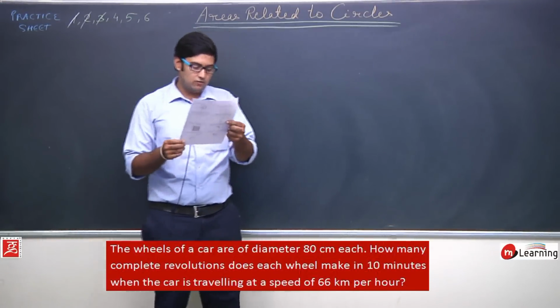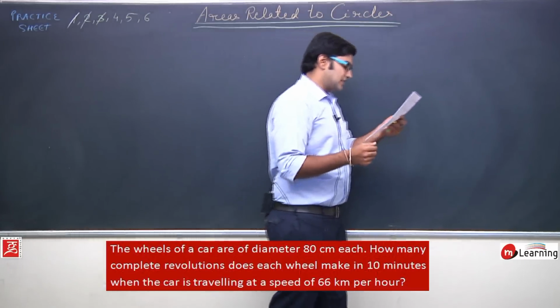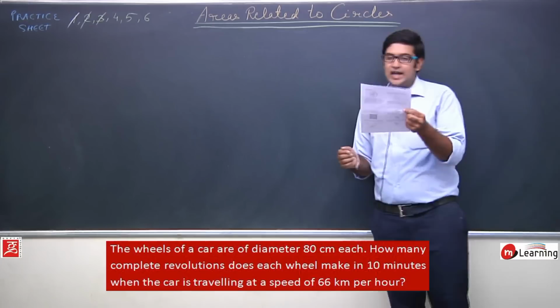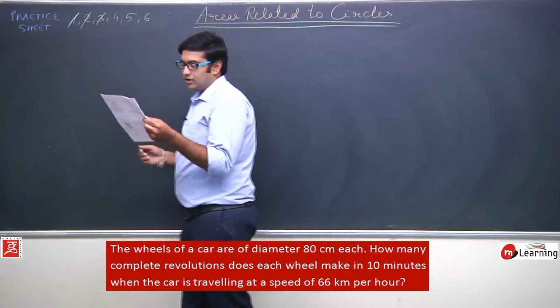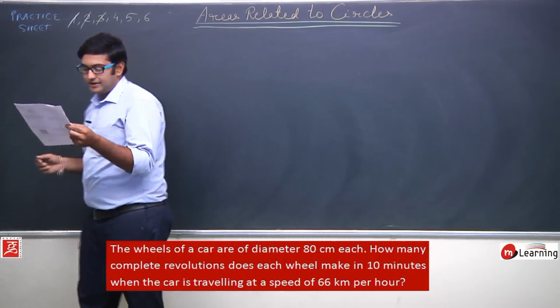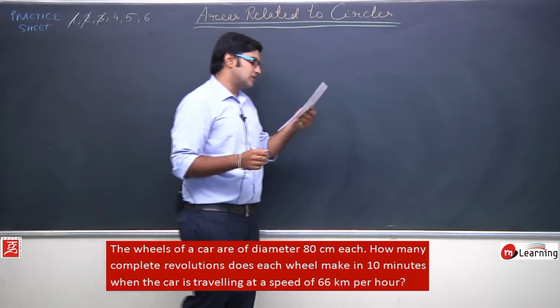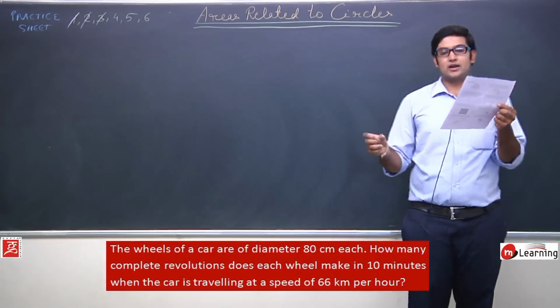Now let us solve question number 4 from the practice sheet. Question number 4 says the wheels of a car are 80 centimeter diameter each. How many revolutions does each wheel make in 10 minutes when the car is traveling at a speed of 66 kilometers per hour?